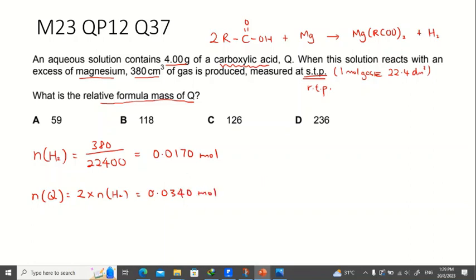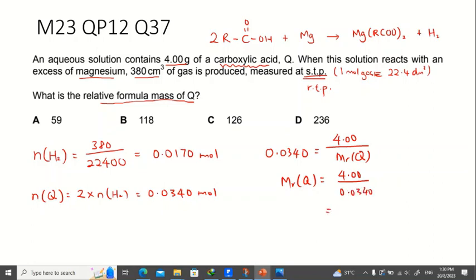And there's another formula that we can use to find this number of moles. 0.034 is the mass of Q divided by the relative formula mass of Q, so Mr of Q. From this, we can find the relative formula mass of Q, which is 4 divided by the number of moles.